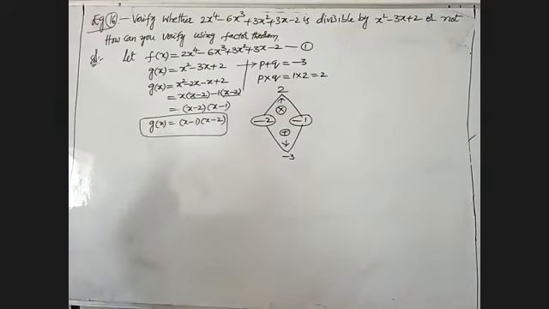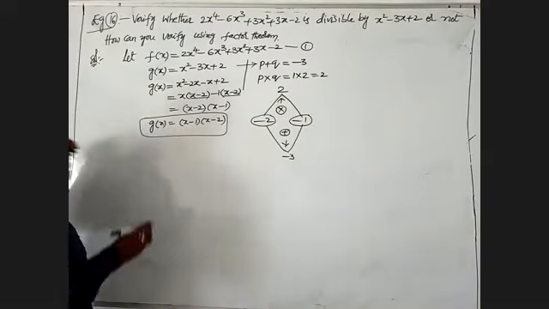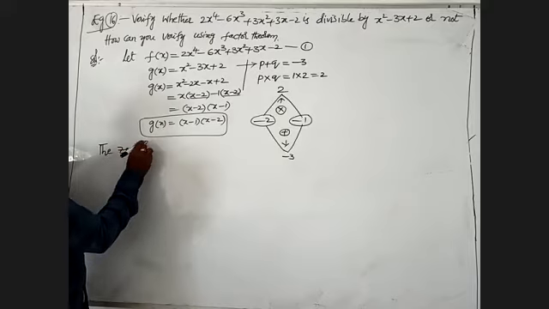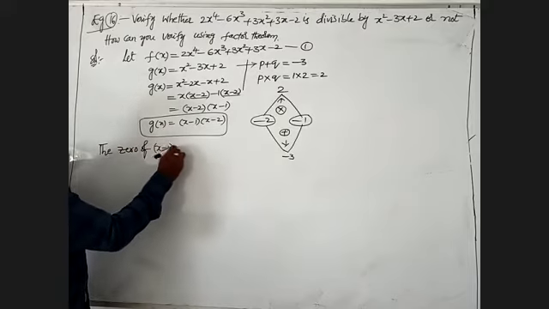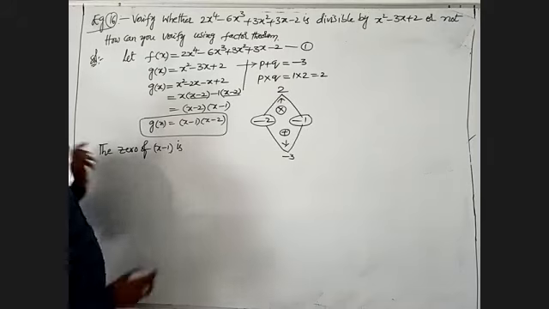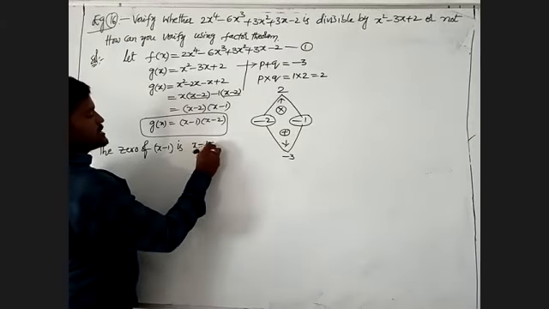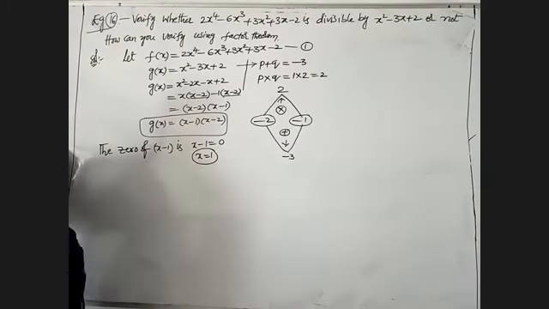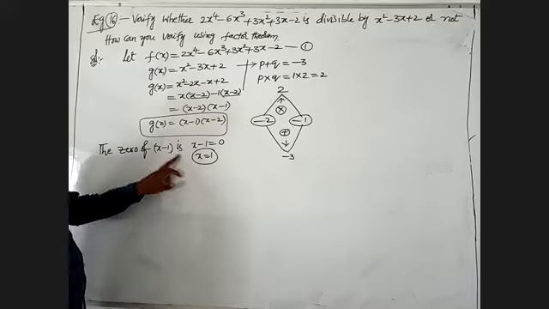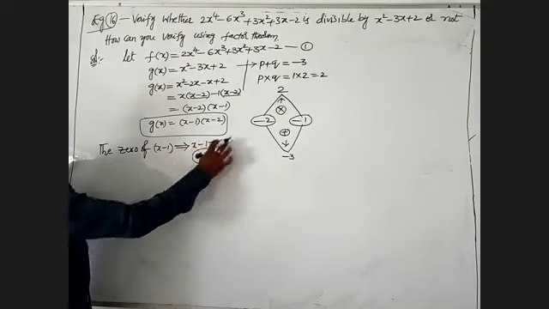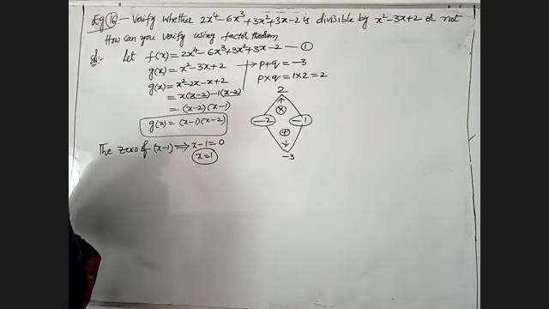First I will take x minus 1. The zero of x minus 1 means x minus 1 must be equal to 0, that is x is equal to 1.